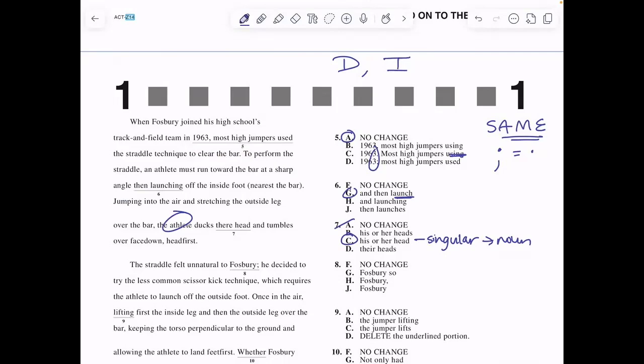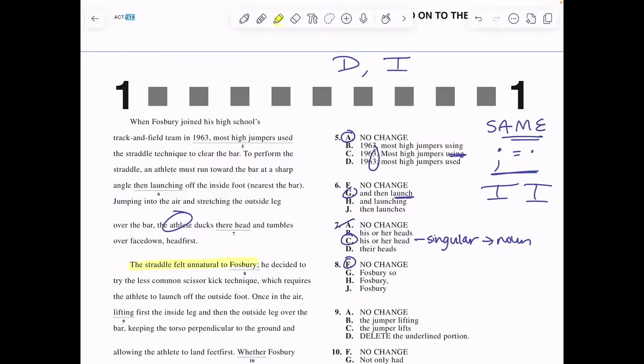Okay, number 8. The straddle felt unnatural to Fosbury, semicolon. He decided to try the less common scissor kick technique, which requires the athlete to launch off the outside foot. So I'm thinking no change because we've said a semicolon separates 2 independent clauses. This is actually 2 independent clauses. The straddle felt unnatural to Fosbury, sentence.